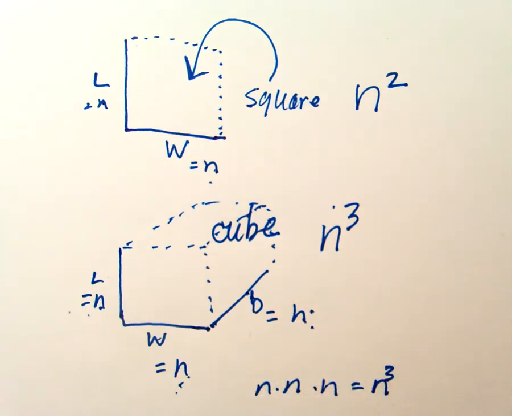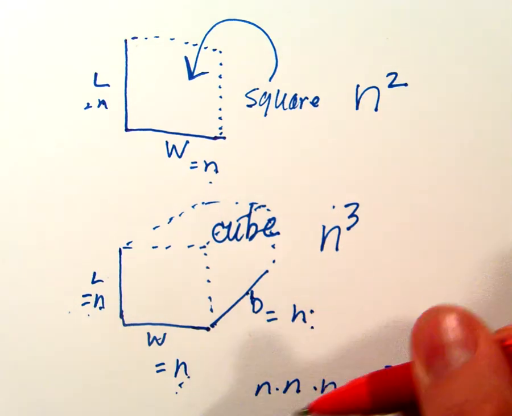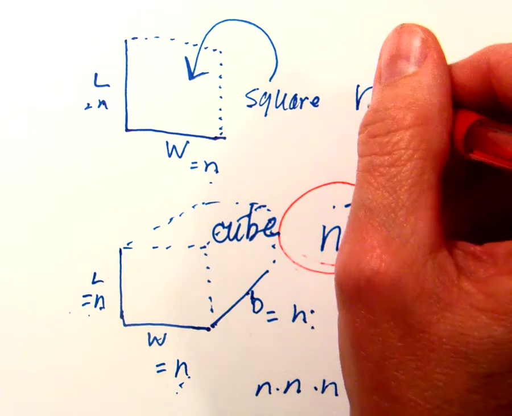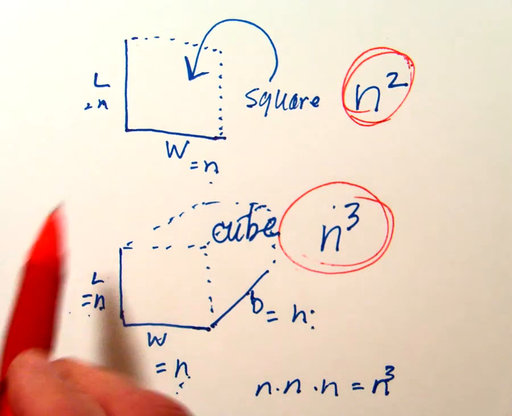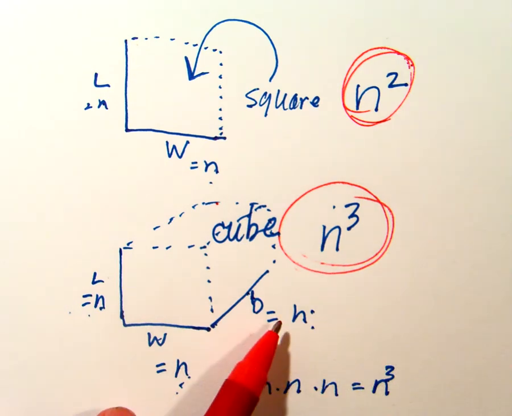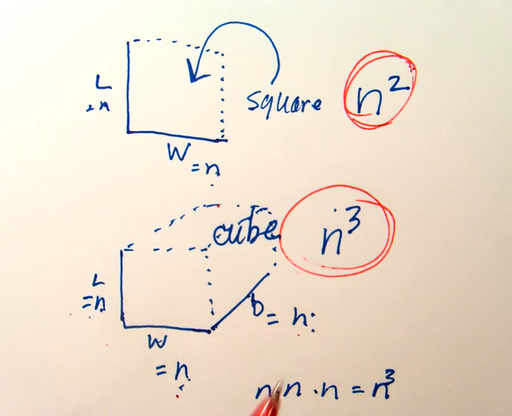That's why n cubed gets the special name. Can you say n to the 3rd power? Why, yes, sir, yes, ma'am, you may, but we usually say n cubed. N squared is n times n. It's n squarified. N cubed is n times n times n. It's n cubified. So we shorten it. We say n squared and we say n cubed.